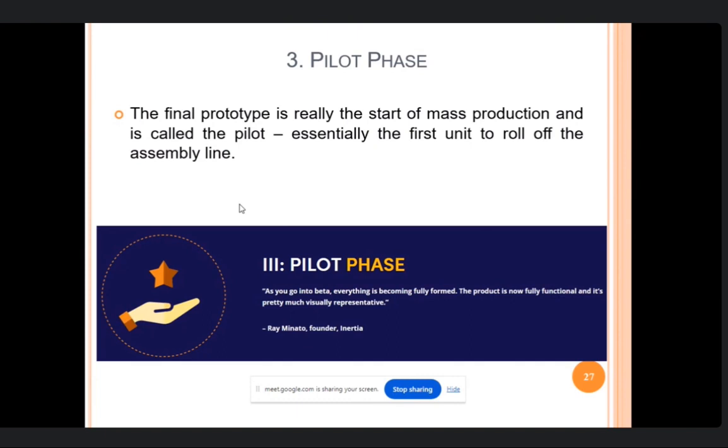The pilot prototype will traditionally be provided to independent testing labs responsible for issuing product certification. Once these certifications have been received, the product is considered ready for commercial deployment. That's the final stage of prototyping.